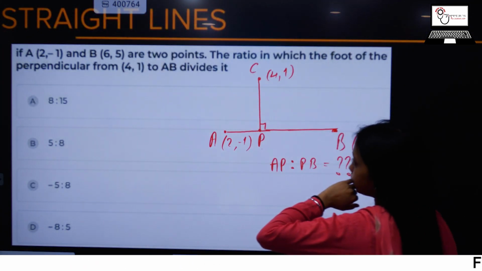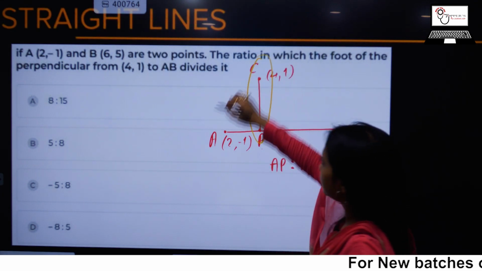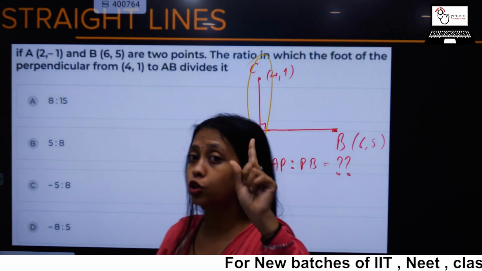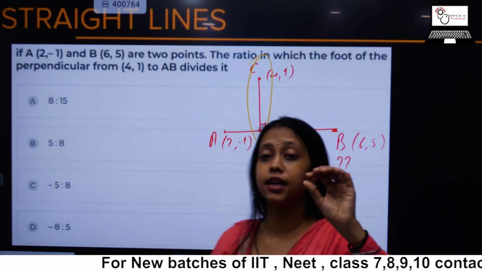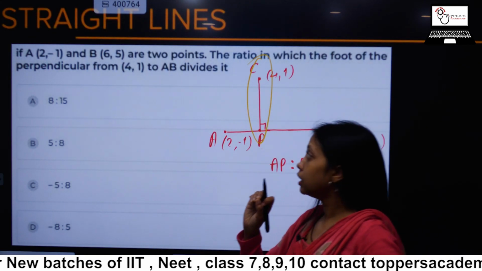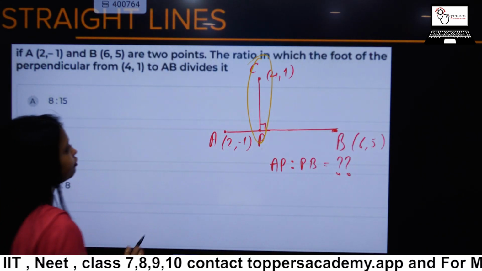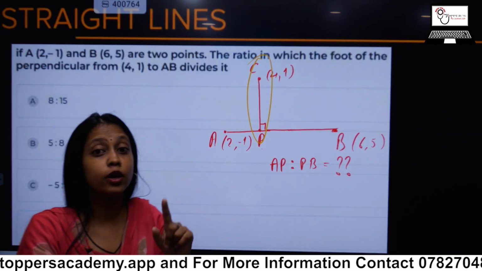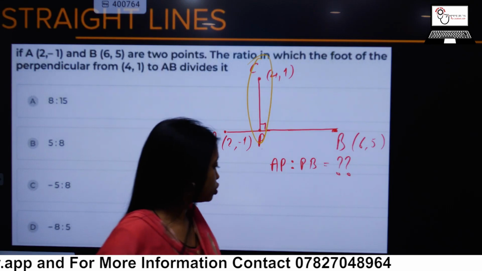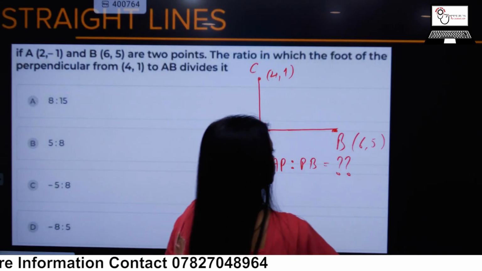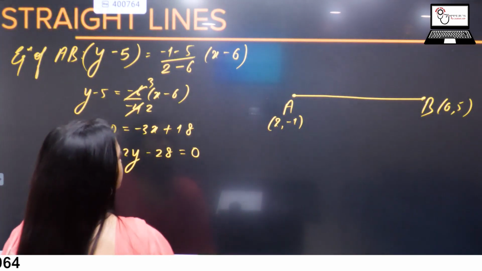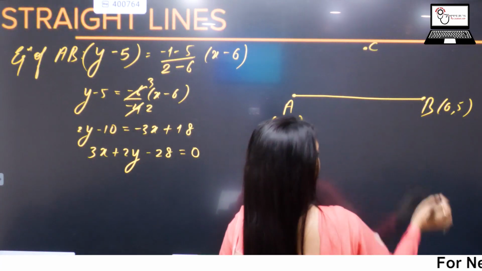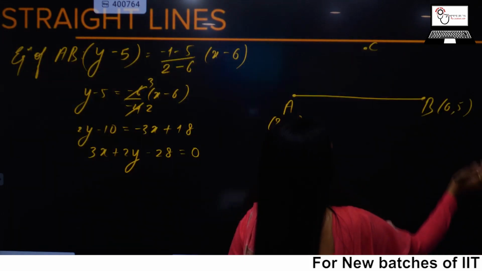Now, for CP, just see carefully, for CP also you have two pieces of information, which is enough to find the equation of CP. You have a point at C and you can find the slope as well. This is your C having point 4 comma 1.